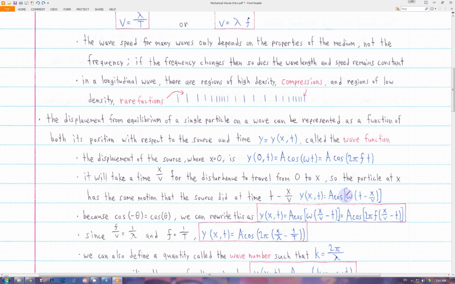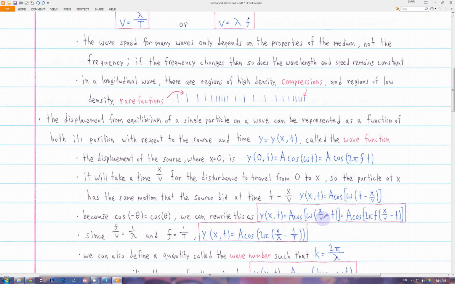And then we can rewrite this because the cosine of a negative something is the same thing as cosine of positive the same thing. So if we multiply this inside of the cosine by -1, it will not make a difference. So that allows us to switch these terms and write the wave equation as this.